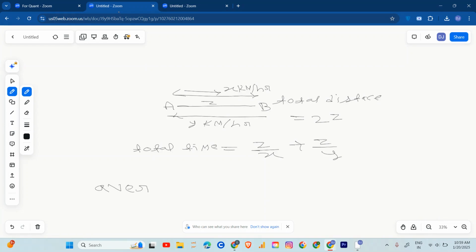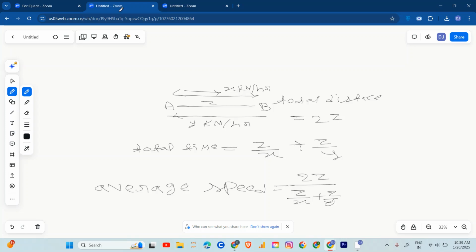Average speed is equal to total distance 2z and total time z by x plus z by y. z will be cancelled out.